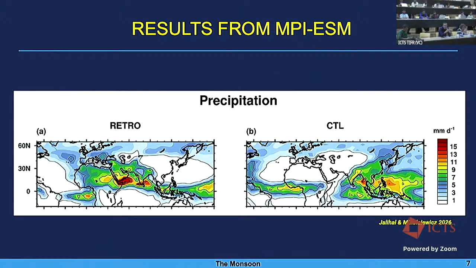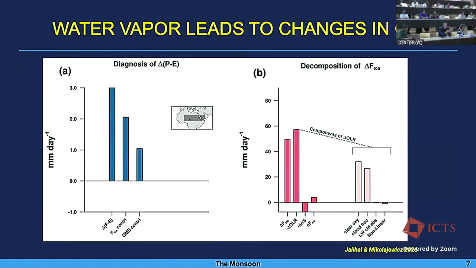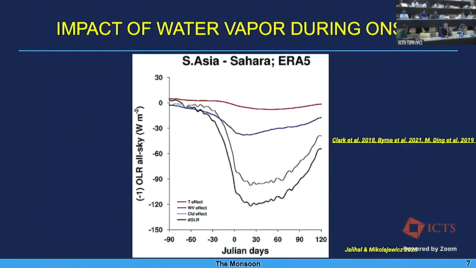There are two studies which have done this. Mike Byrne used an axisymmetric model and then used radiation locking, and Clark et al., which you also mentioned earlier.